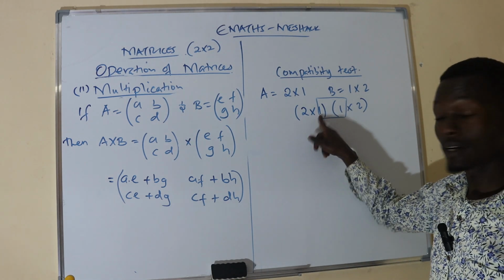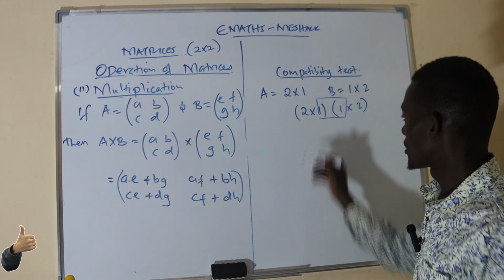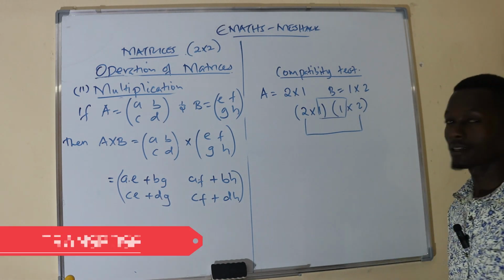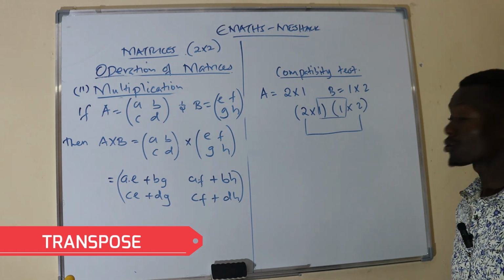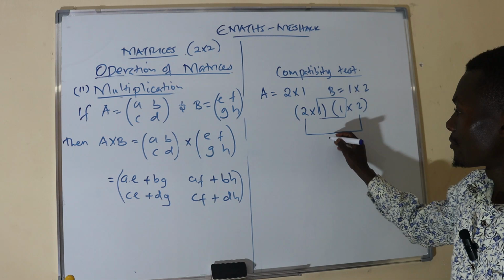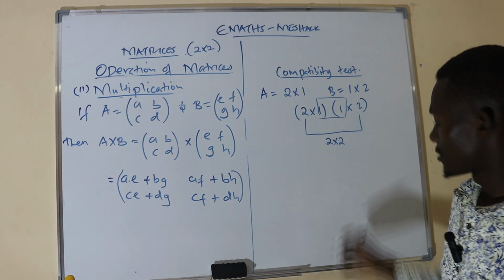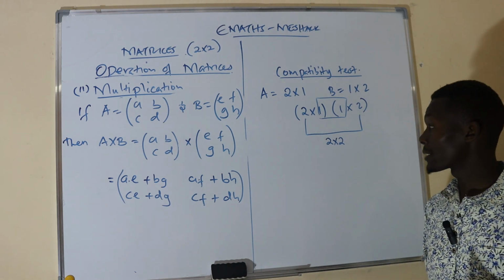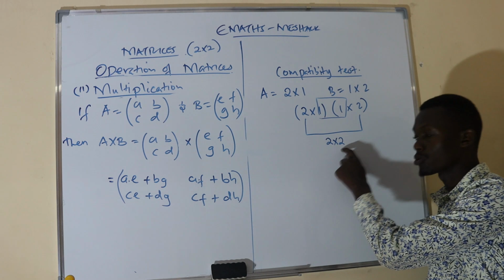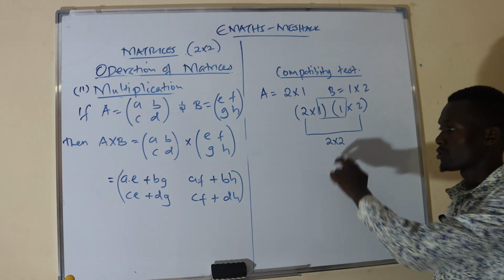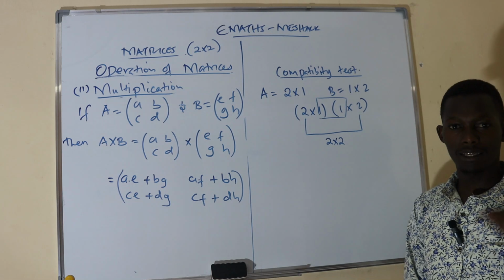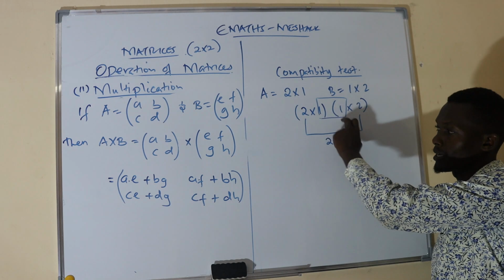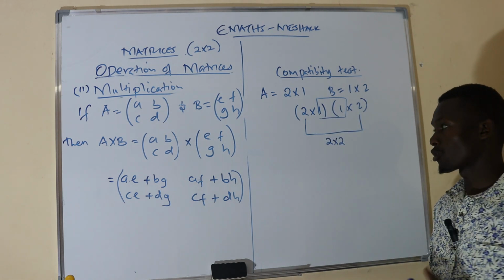You can see we have a 1 here and a 1. Then the numbers that remain outside, the row and the column, form the resulting matrix. So when you multiply a 2 by 1 and a 1 by 2 matrix, the result shall be a 2 by 2 matrix. These two numbers here illustrate that the two of them are compatible.